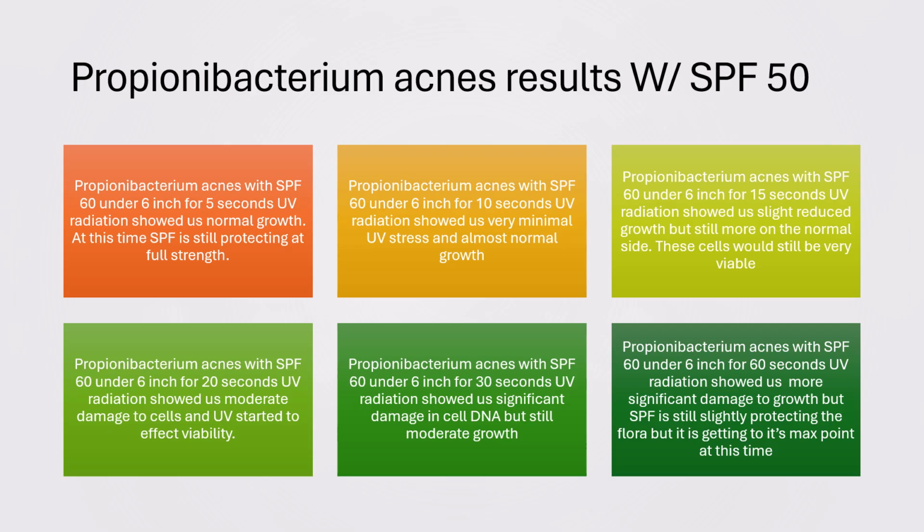Now this showed us significant damage in cell DNA, but still had moderate growth on the blood agar plate. So it is still growing very well. With that being said, we bumped this time up to 60 seconds of UV radiation, and this showed us significant damage to growth, but SPF at this point is still protecting the flora. But this is the point where, if it is exposed any longer, it will have met its threshold.